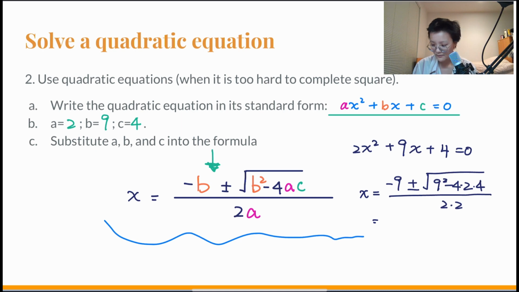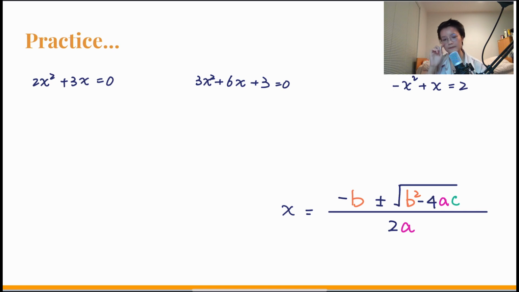And you apply everything into the calculator. And you find x equals 0.5 or negative 4. Oh, sorry, negative 0.5. Pause the video and try to do it.